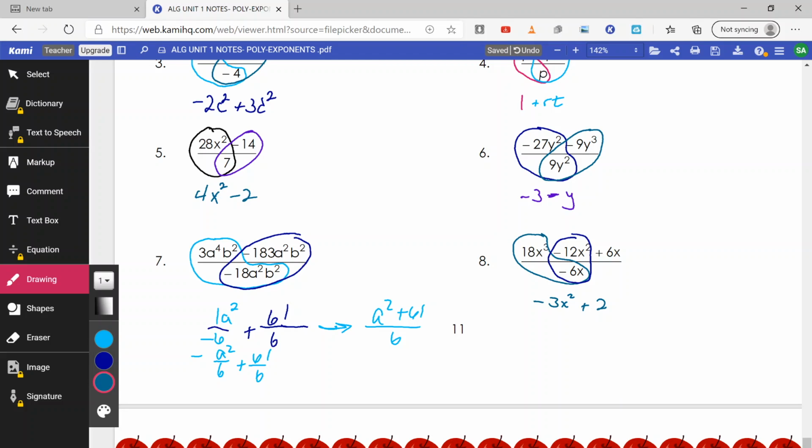X squared divided by x. 2 minus 1 gives me 2x. And then I have 6x divided by negative 6x. Positive divided by negative makes negative. 6 divided by 6 is 1. X divided by x is 1. So 6x divided by 6x makes negative 1. So we have negative 3x squared plus 2x minus 1. And this is dividing a polynomial by a monomial.